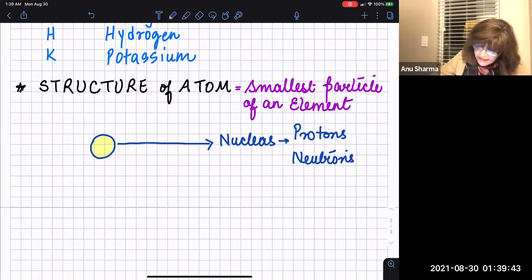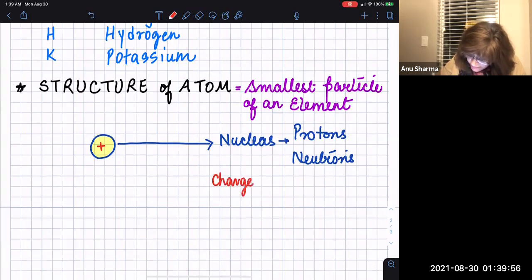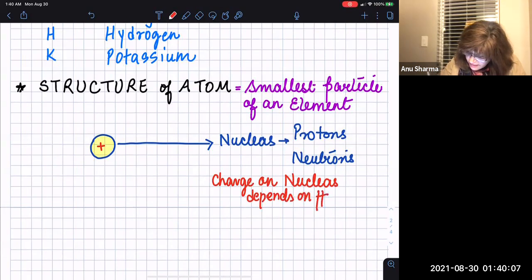Another thing is that the nucleus is positively charged. As many protons as there are, that many plus charges are there on the nucleus. So the charge on the nucleus depends on the number of protons. Okay, and now let's just do this.